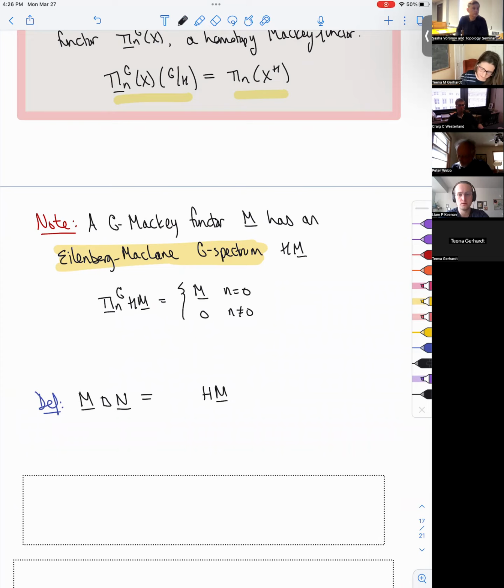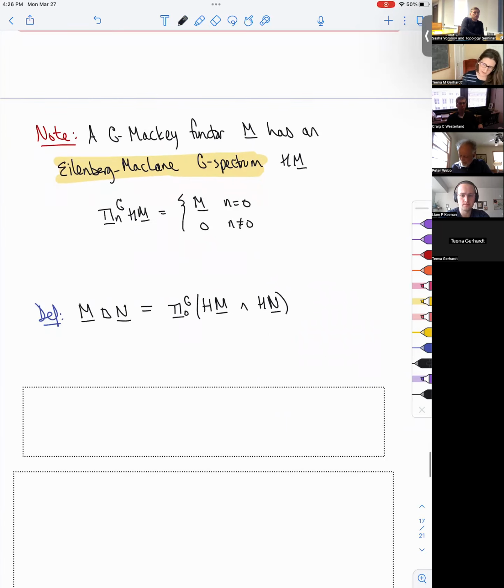I could take the Eilenberg-MacLane spectrum of M, the Eilenberg-MacLane spectrum of N, and I could smash those together. That's a G spectrum. I wanted a Mackey functor, so I could take pi 0. This agrees with more algebraic characterizations of the box product.